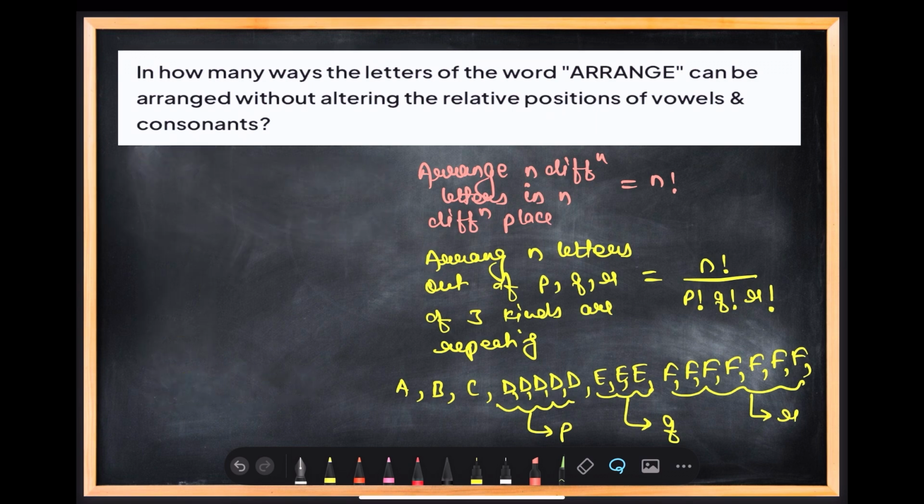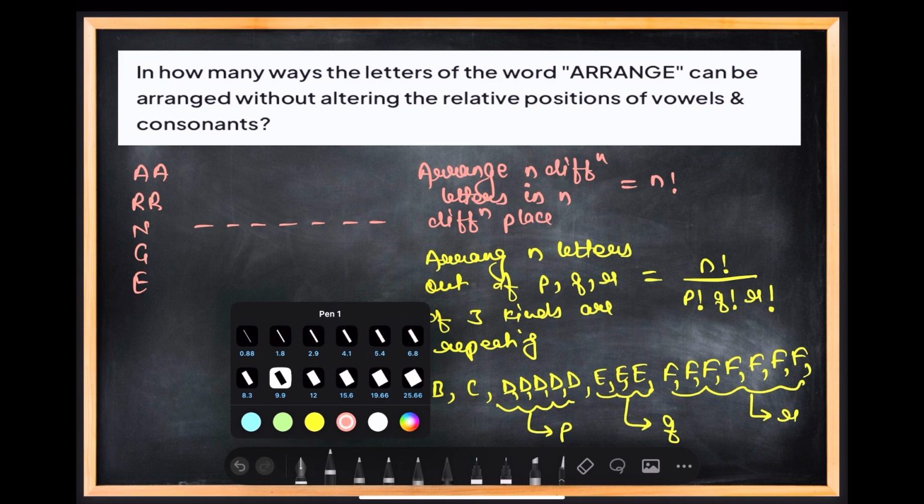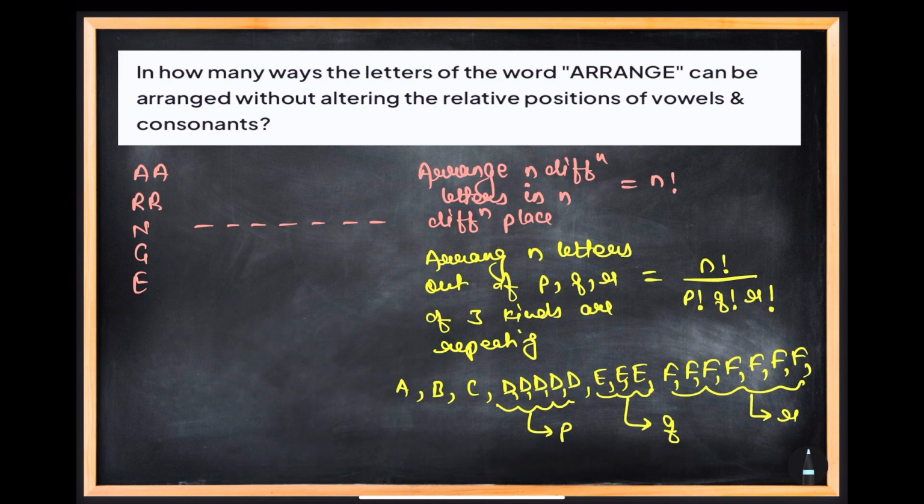Now focus on this question. We have the letters of the word ARRANGE: A, R, R, A, N, G, E. So you have to arrange these letters. Now be very careful. The idea is, you cannot alter the relative position of vowels and consonants.